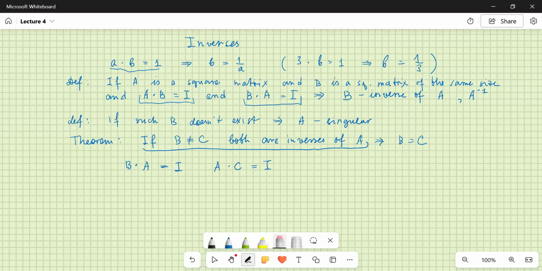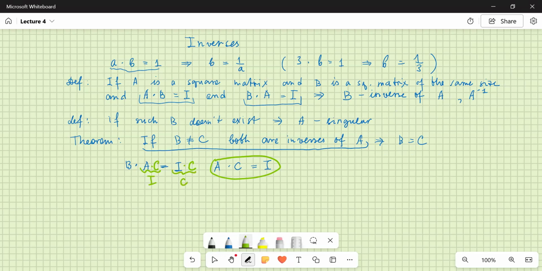What I'm going to do is multiply this statement by C on the right. From the statement on the right, I know that A multiplied by C is identity, so this product is identity. Also, I know that any matrix multiplied by identity is the matrix itself.